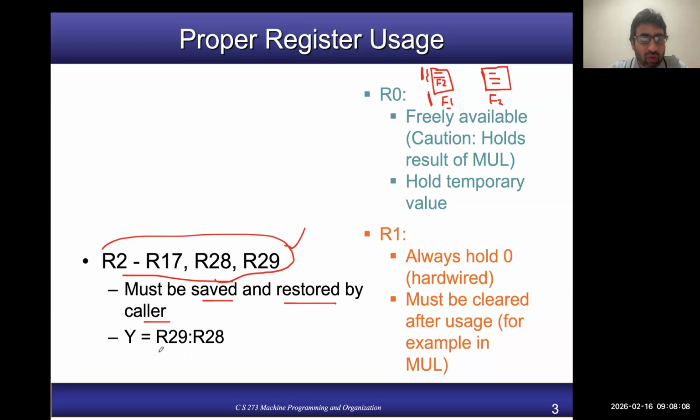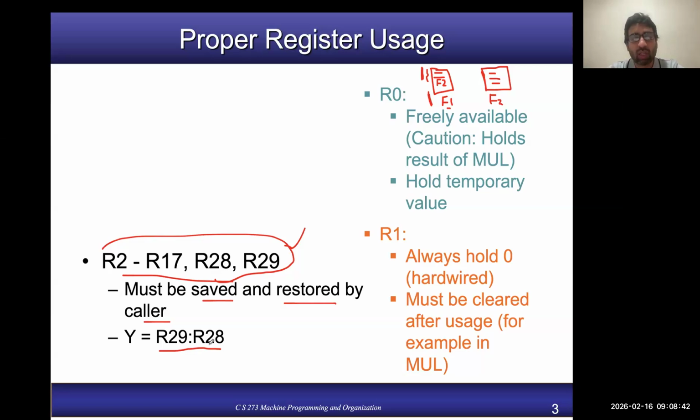Another piece of information is that R28 and R29, remember all of these registers are 8-bit, right? However, when you combine them, logically, not physically, the registers R28 and R29 collectively are referred to as register Y. Why are we naming them collectively as register Y? Because register Y is then used to hold an address, and addresses are 16-bit.